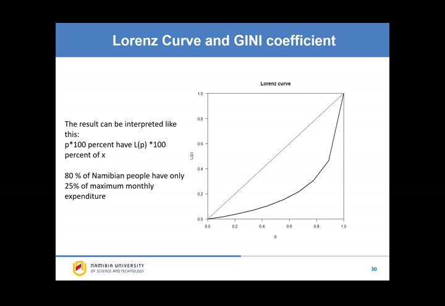So if I ask you how much money is owned by the richest 20% of the population in Namibia, then you should check how much is owned by the 80% poorest of the country. That means this part from 0 to 80% represents the 80% poorest, because remember, this is sorted from poorest to richest.